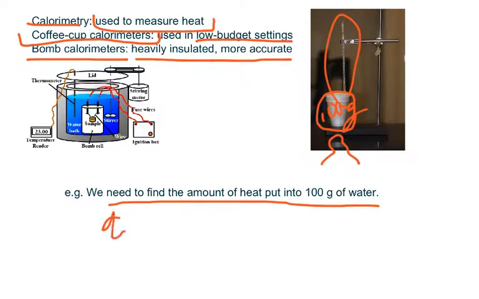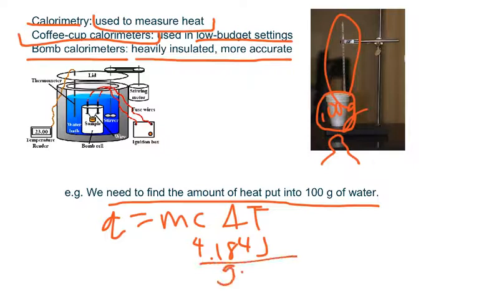So, of course, we need to use the equation Q equals mcΔT. And we know that the C, the specific heat for water, is going to be 4.184 joules per gram degrees Celsius. And we know that we have 100 grams of water. So when we start heating this up, all we need left in this equation is the change in temperature.